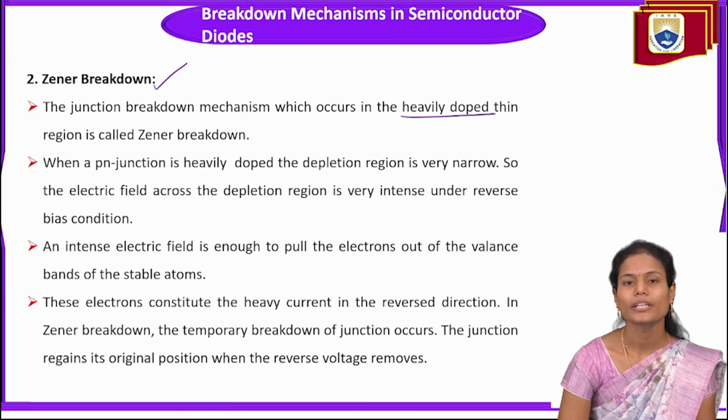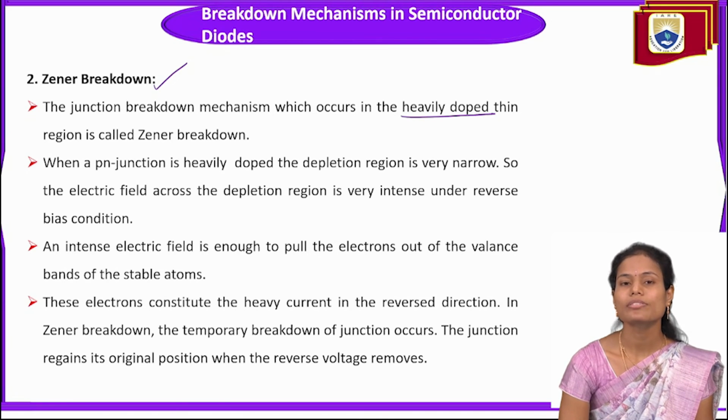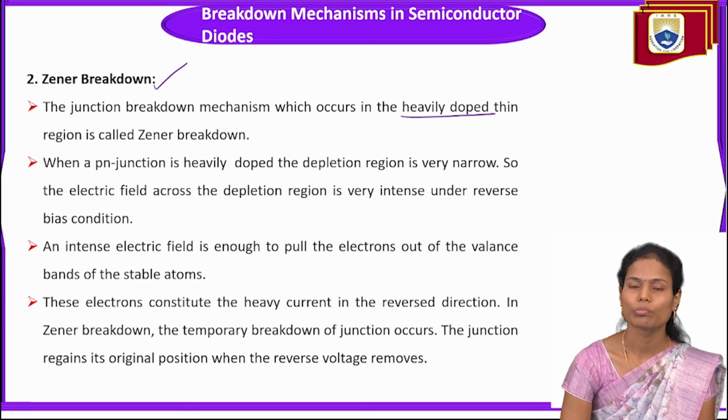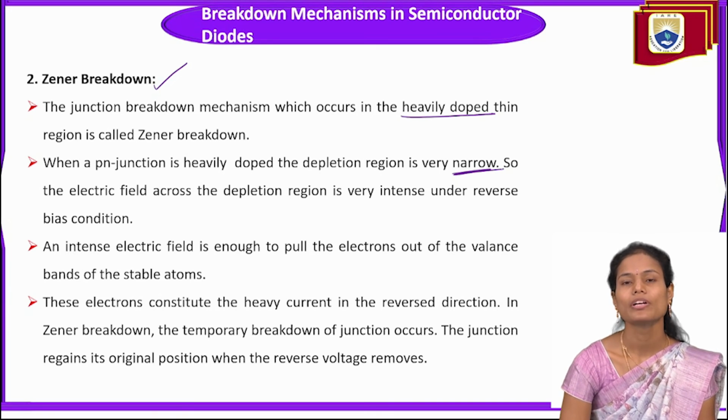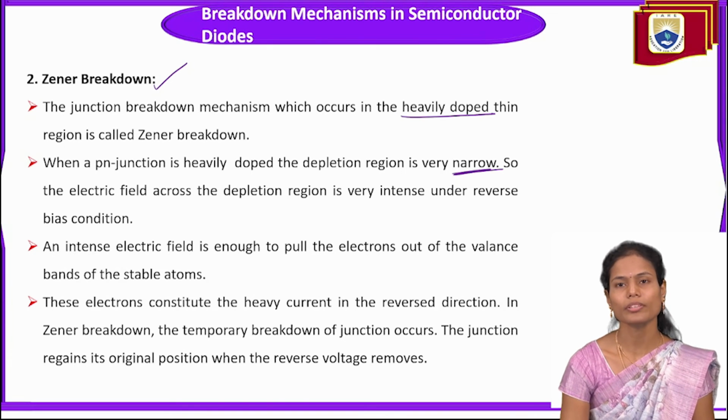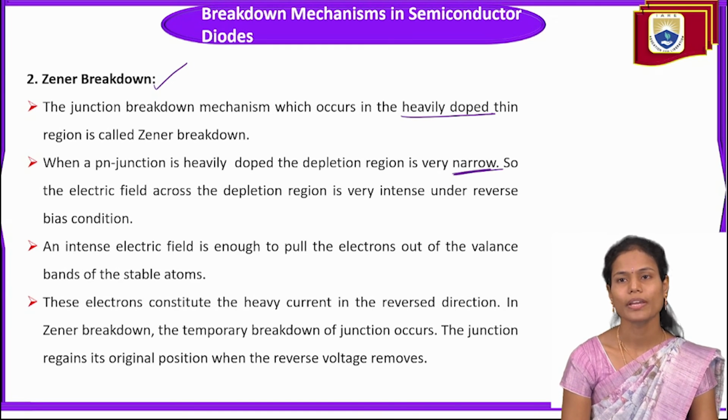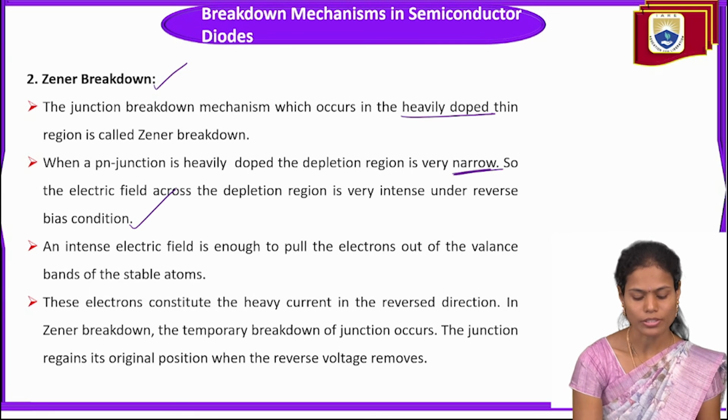Once the PN junction diode is heavily doped, the depletion region width is very narrow. When the depletion region width is very narrow, the electric field across the depletion region is very intense under the reverse bias condition.